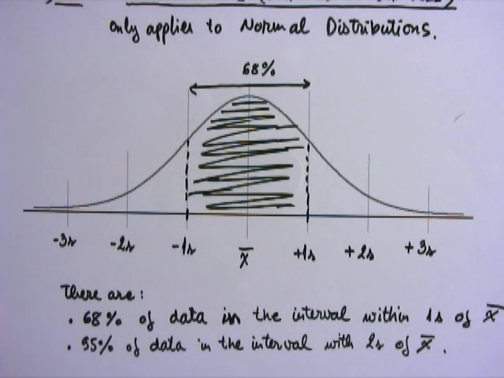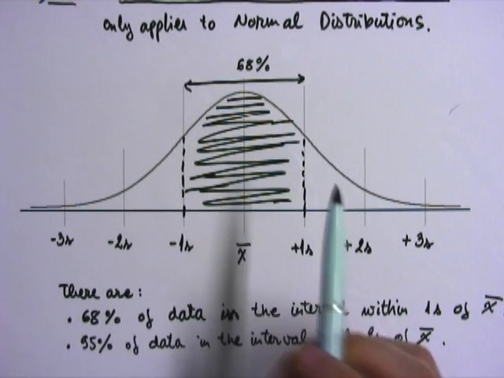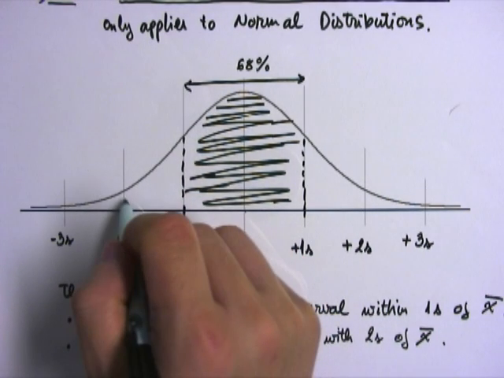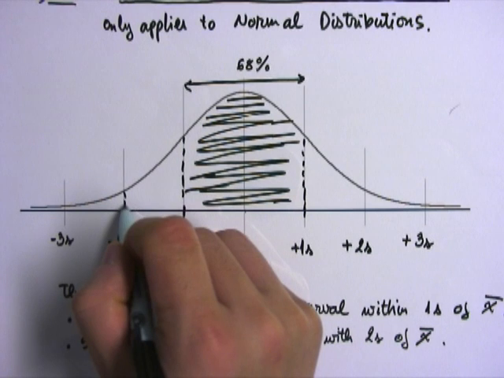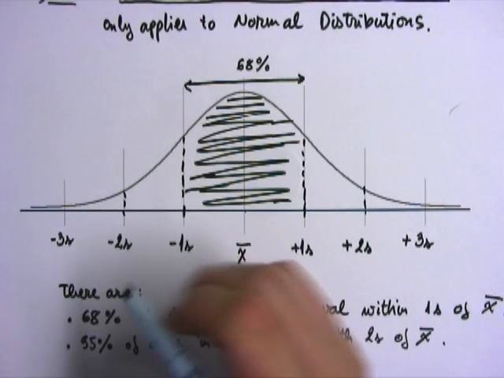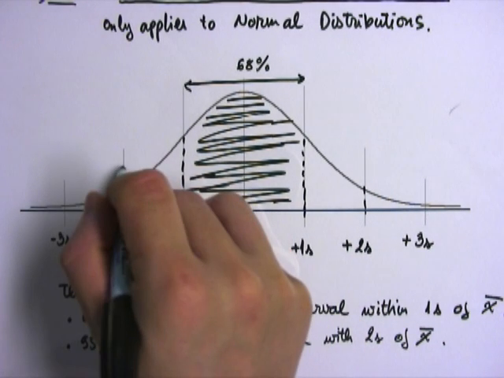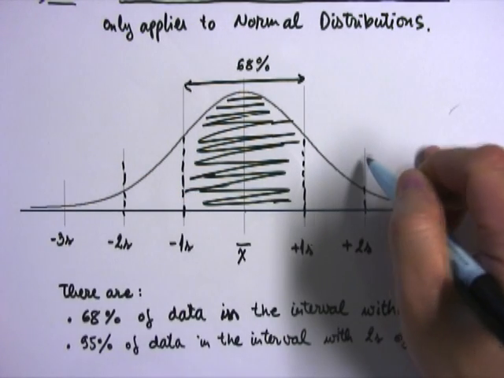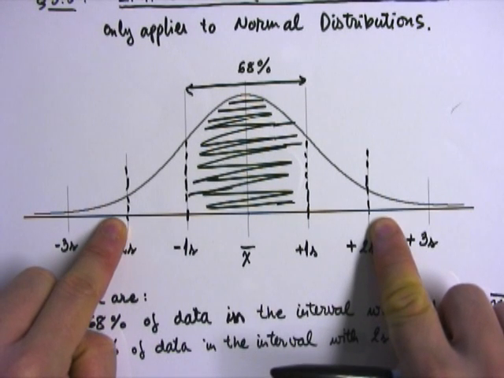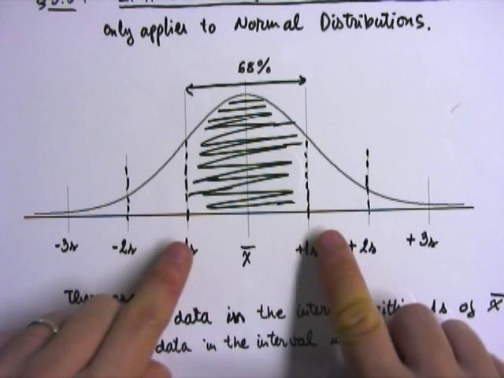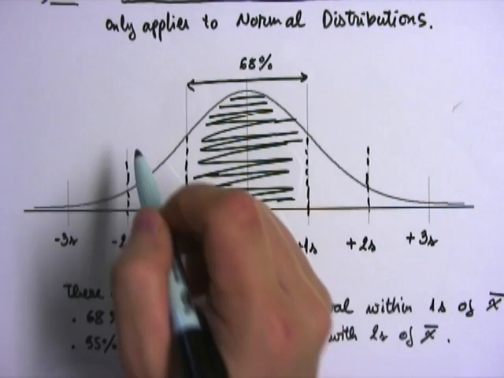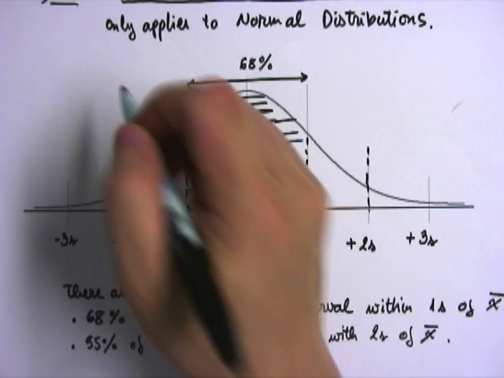So, once again centering at the mean, if you look at the longer interval, the interval that starts at 2 standard deviations below the mean up to 2 standard deviations above the mean, that interval that I'm drawing right here, you can see that the interval length is actually twice as much as the interval length before.